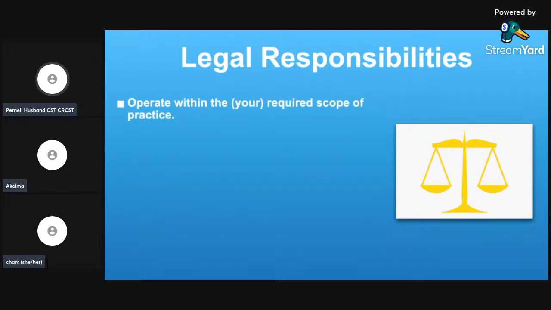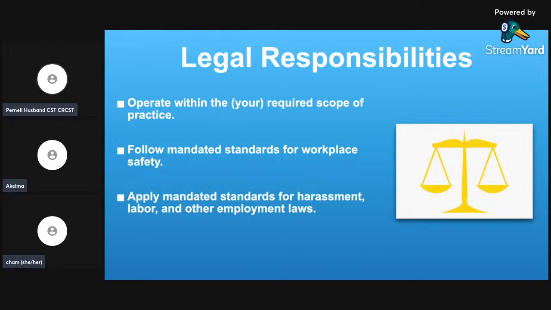It's important that everyone operates within their required scope of practice. Just because you work in a hospital, you work in sterile processing, doesn't mean that you could be passing instruments during surgery or trying to fix broken equipment. Stay in your lane. Follow mandated standards for workplace safety, critically important, all of that OSHA stuff.